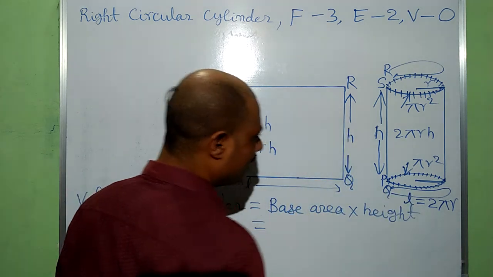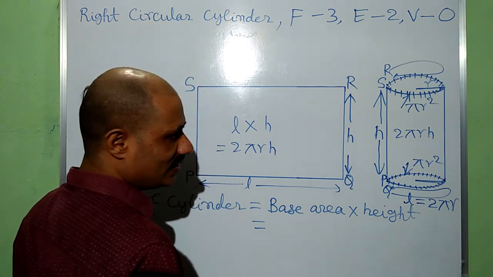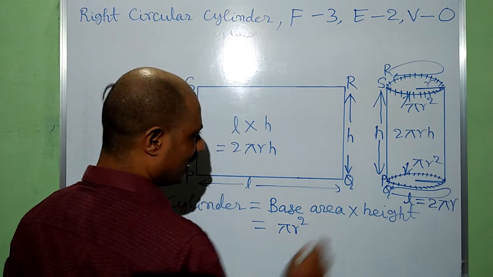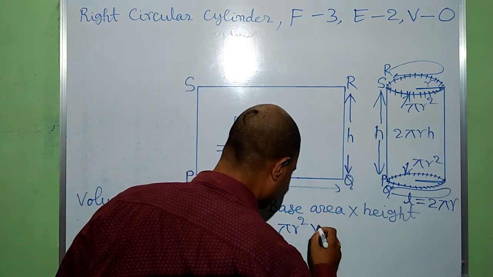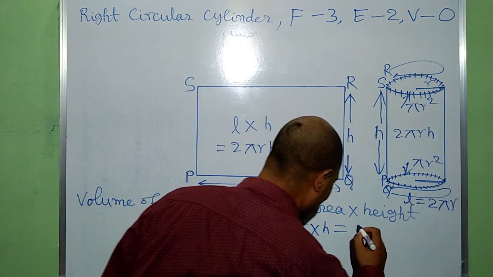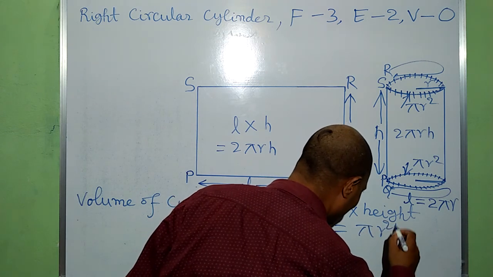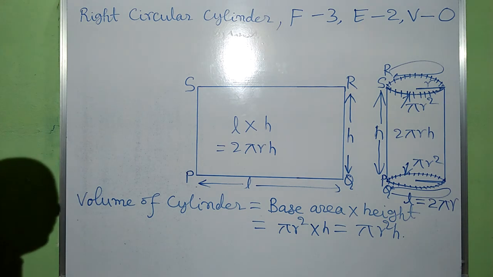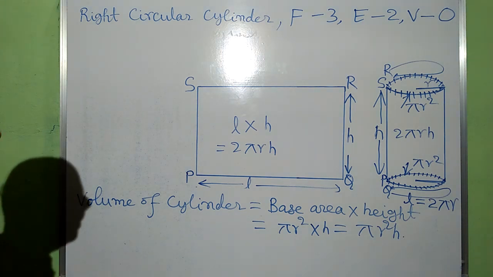Base area, that is, base is circle, its area is pi r square, height is h, that is again pi r square h. In this way, volume of cylinder is equal to pi r square h.